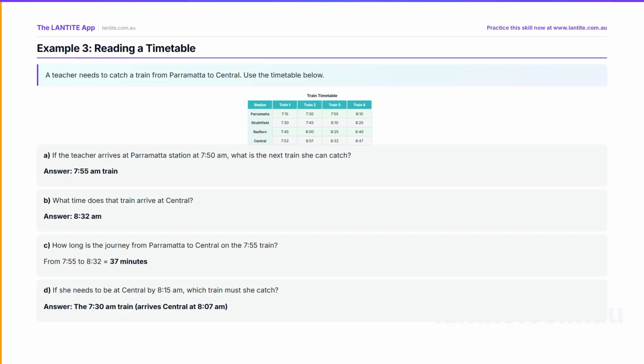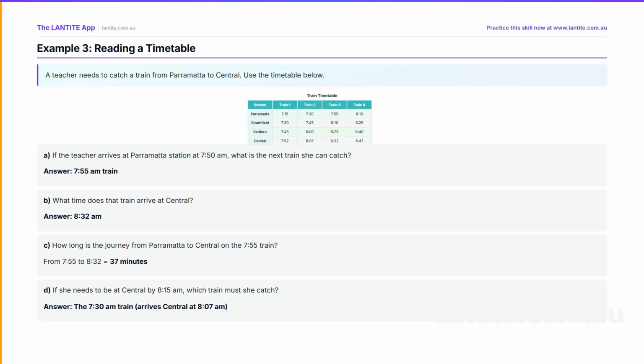Timetable questions are very common on the LANTITE. Here's a train timetable from Parramatta to Central. Part A. If the teacher arrives at the station at 7:50, the next train is at 7:55. Part B. The 7:55 from Parramatta arrives at Central at 8:32. Part C. The journey time is from 7:55 to 8:32.